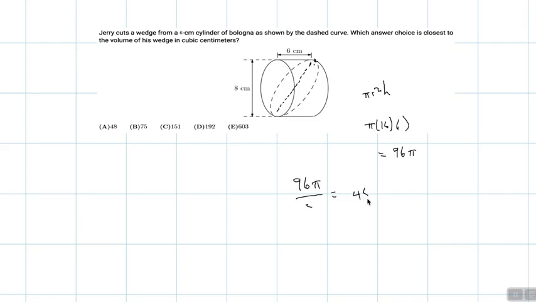Yeah, which would be 48 pi, which times 3, 48 times 3 is roughly 150. So I'd say answer choice C, 151. Yeah.